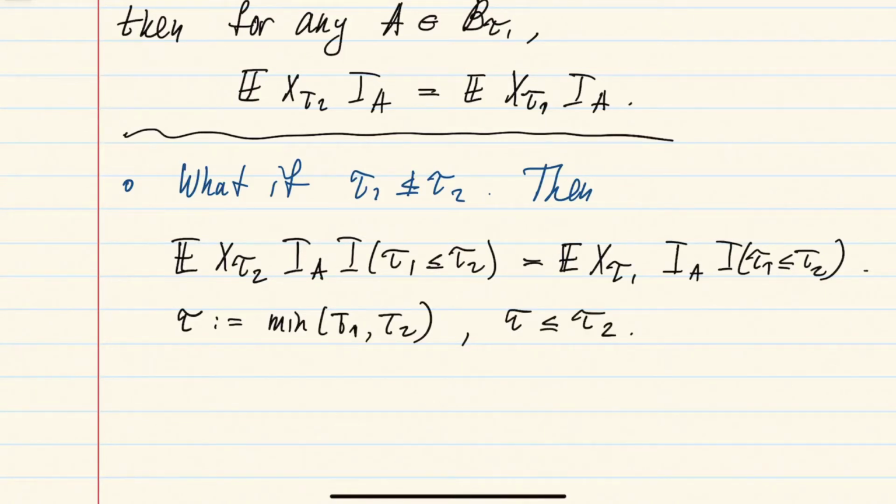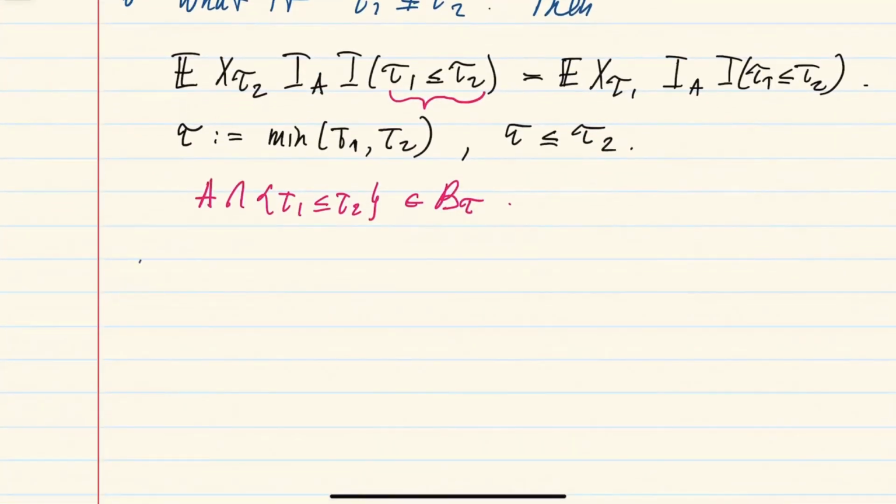And then you can apply the conclusion of the above theorem to this new set with this additional intersection, tau1 less than or equal to tau2. First of all, you will have to check that this new set A intersection with this condition tau1 less than or equal to tau2 is in B tau2. So if you check that this holds and apply the statement of the above theorem to this set, you will recover this more general looking statement. Okay, so that's one quick comment.